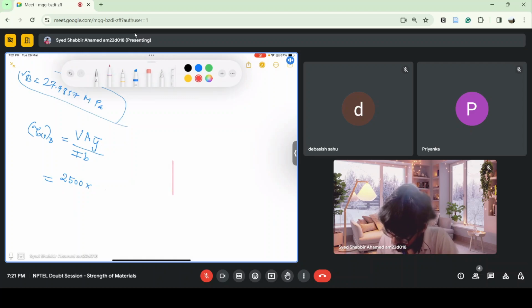So we are taking this box and we are calculating the shear stress at this point. Okay. So we have to, this area is here, this area. Okay.